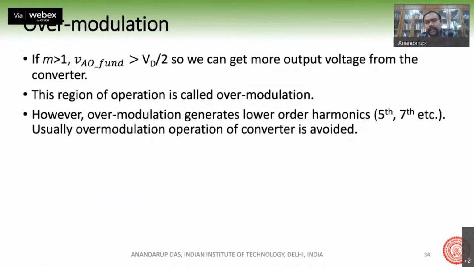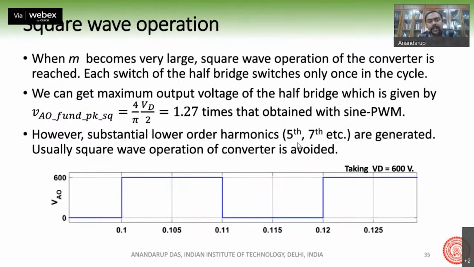We do not usually go into over modulation, although it is possible, because it generates lower order harmonics, 5th, 7th, etc. The most extreme form of this modulation is the square wave operation, where you turn on the switches for 50% of the cycle. This is the maximum voltage that you can get out of the converter.